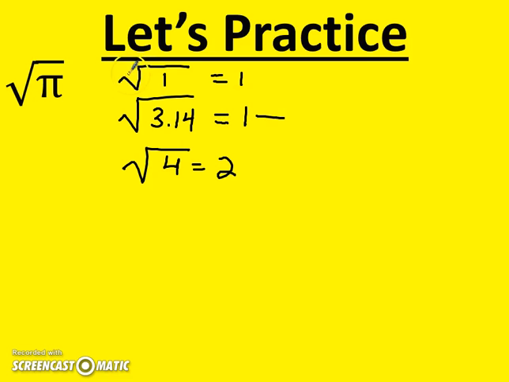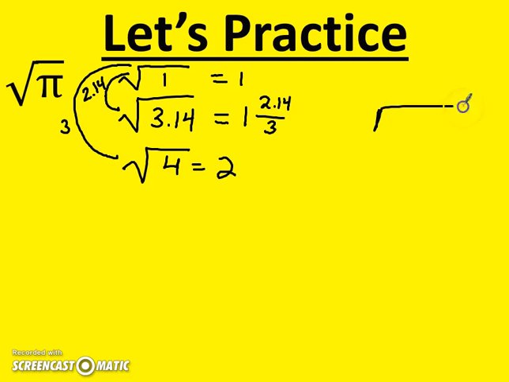We need a fraction to show the distance between our first perfect square root and our non-perfect square root, which is 2.14. So 2.14 goes in the numerator, and 1 and 4, which is 3.